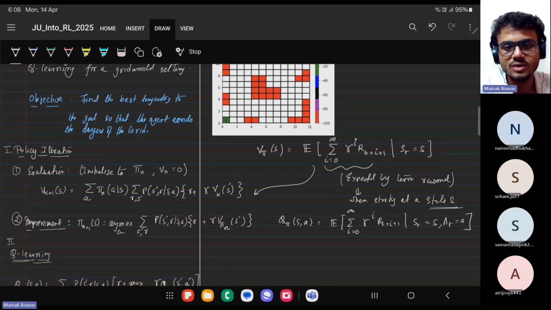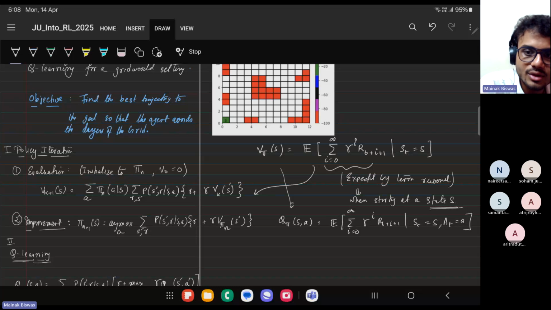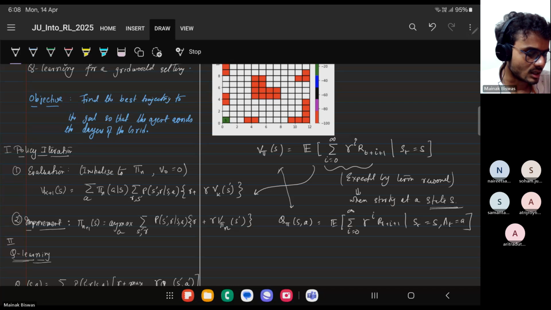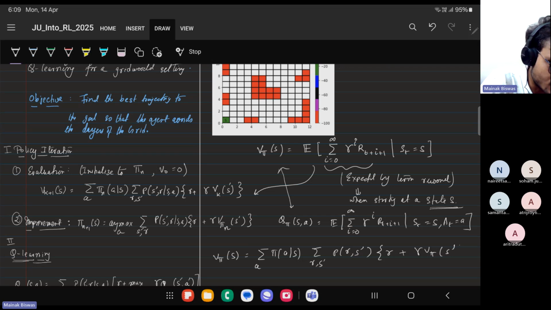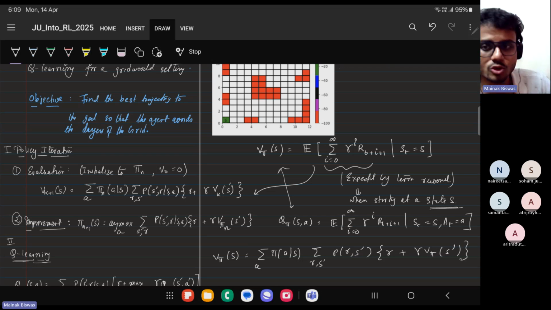And we used the relationship between the Q value and the value function to find the equation that V pi of s was equal to the summation over all actions pi of a given s, over all rewards and next states, with probability. People who do not recall, I hope you all recall. If you do not, we can discuss, but you should look at the proof once again.